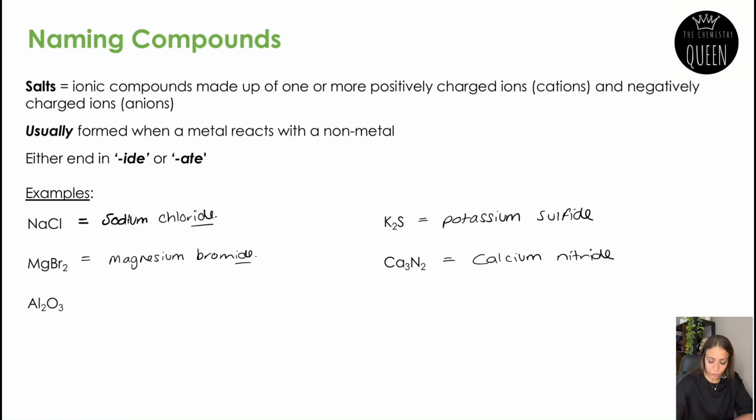And then we've got Al2O3. Al is aluminium, O is oxygen, so this would be called aluminium oxide. Li3P, so that's lithium for Li, and P is phosphorus. So this will be called lithium phosphide.